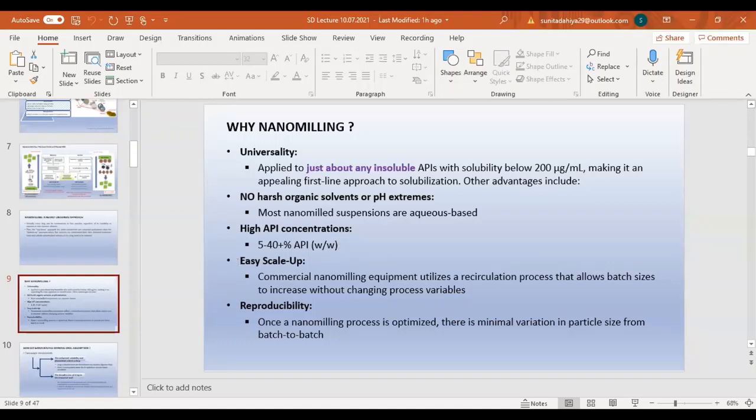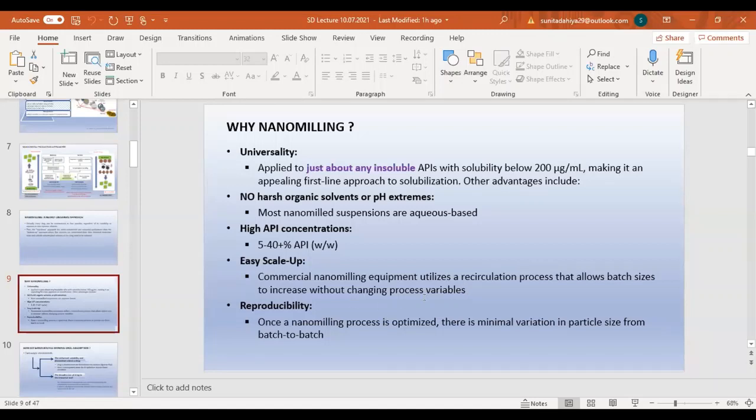Also, you can say that it is relatively easy to scale up. Easy in terms that once you optimize the critical process parameters of a nanomilling process for a particular drug, the reproducibility of the batch is quite better compared to other methods, right?